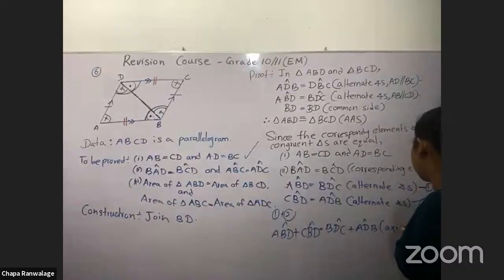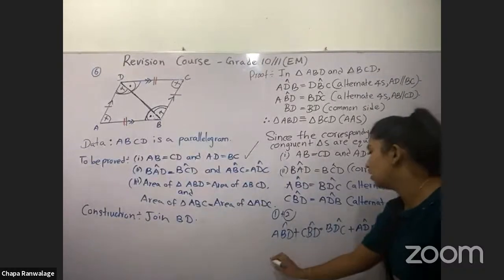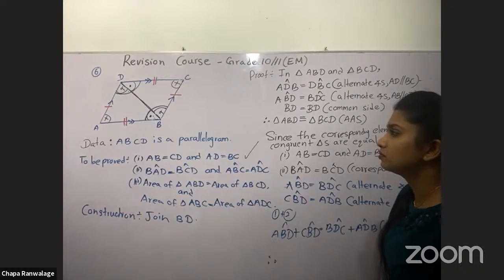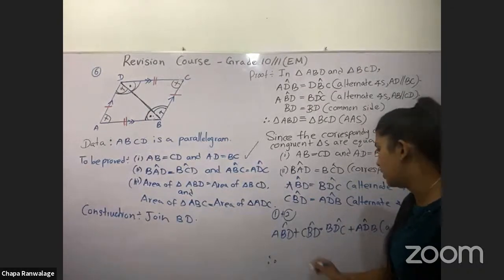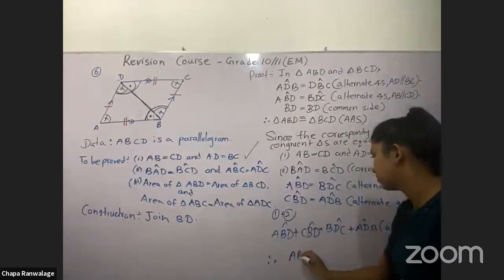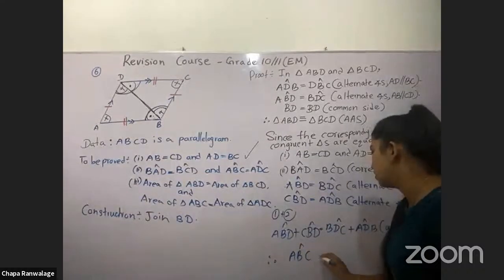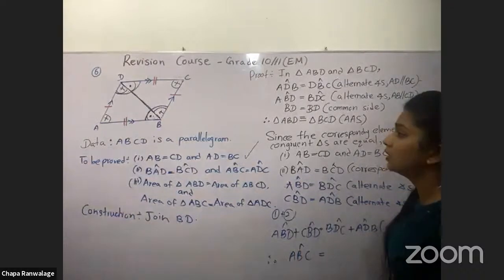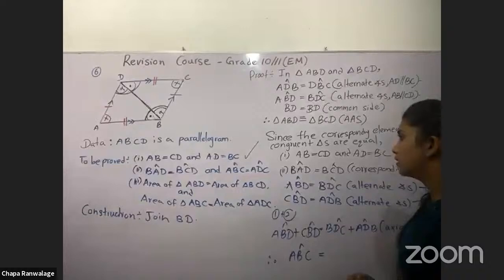Axioms. Therefore, ABC is equal to BDC plus ADB equals ADC.